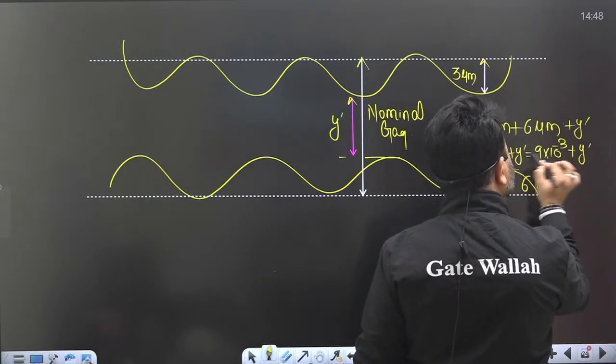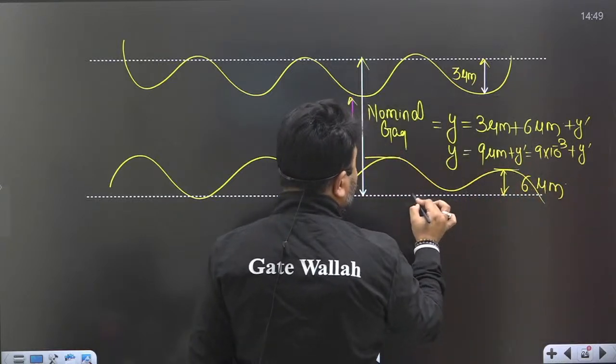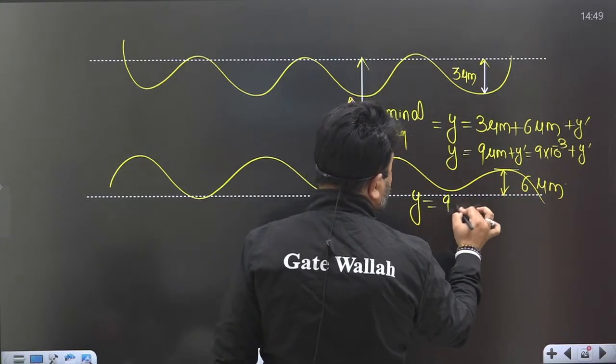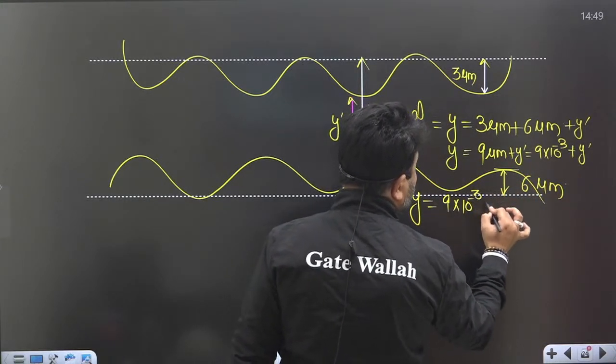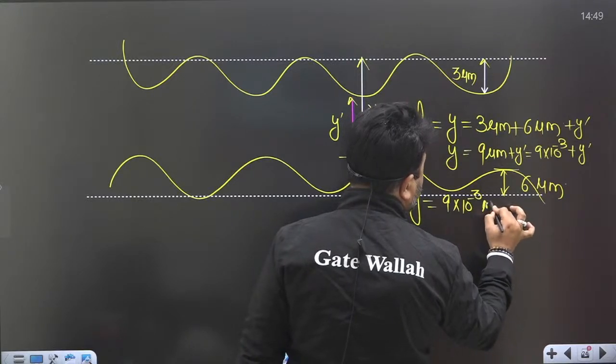You can see the value of y dash is very small. So can we approximate it as 9 into 10 to the power minus 3 mm?